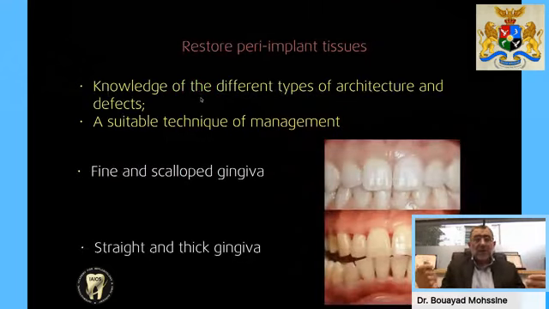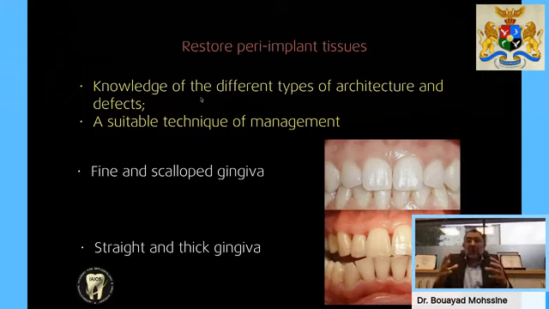And when we want to restore peri-implant tissue, we have to know what different types of architecture and defects we have before implanting. We have to know what suitable technique to use to manage hard tissue first, before implanting, and to manage soft tissue in a second time.